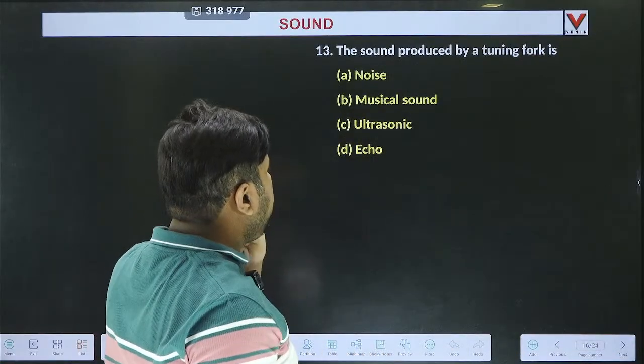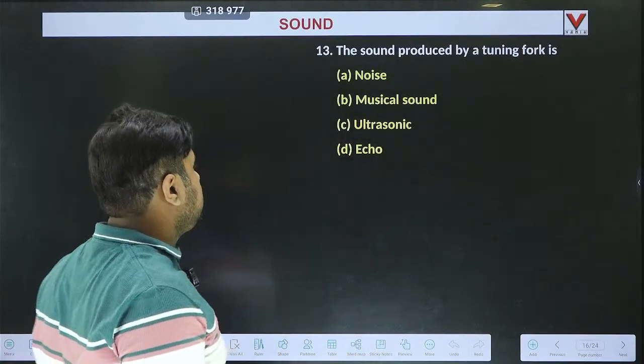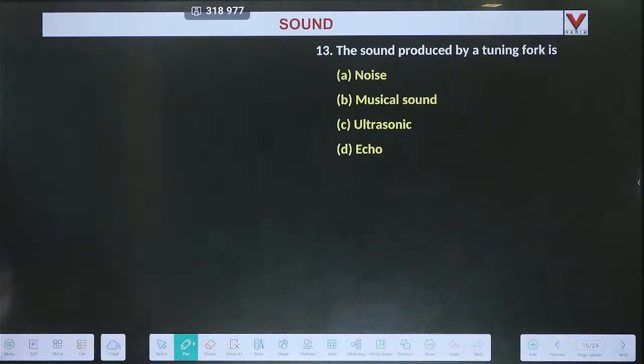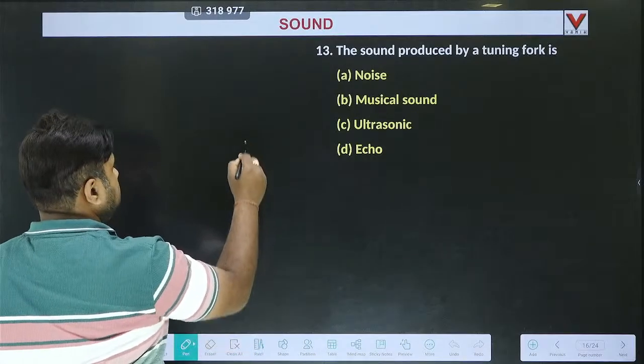The sound produced by a tuning fork, let us understand. The tuning fork is like this.